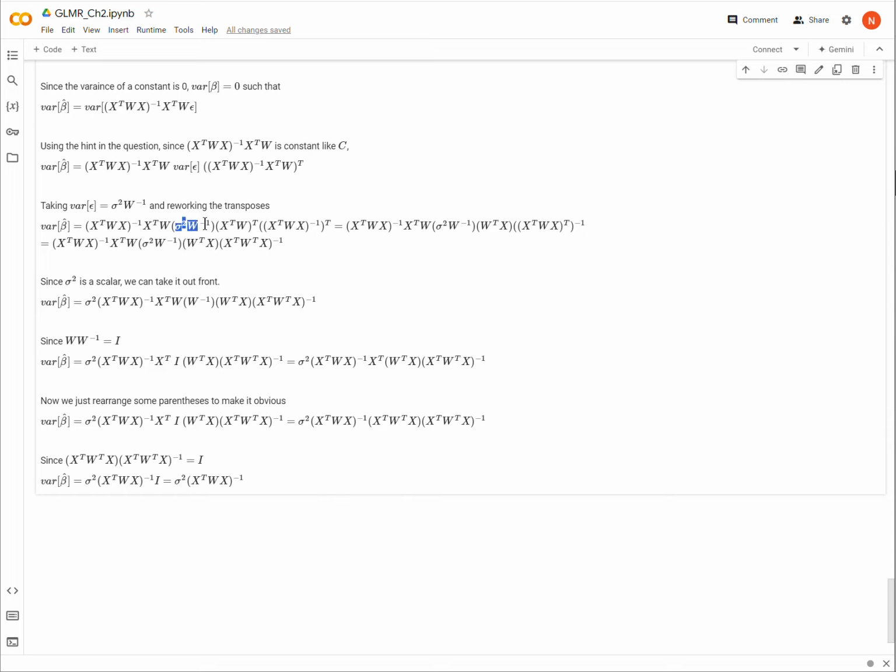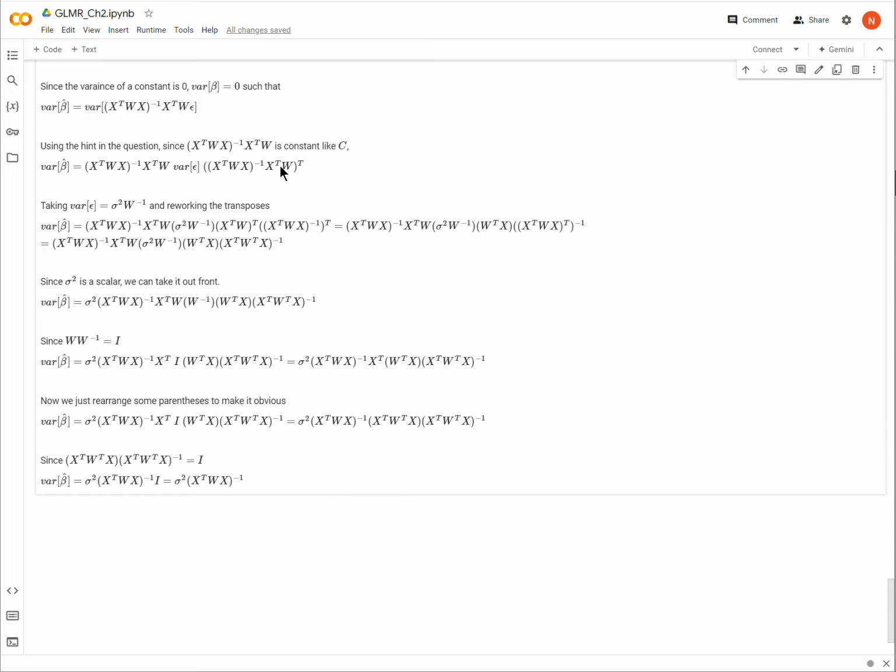And then I'm going to fix up this set of transposes.